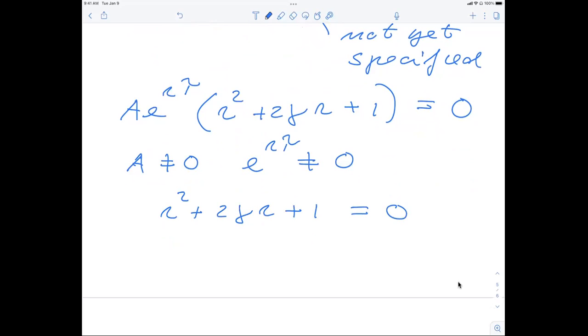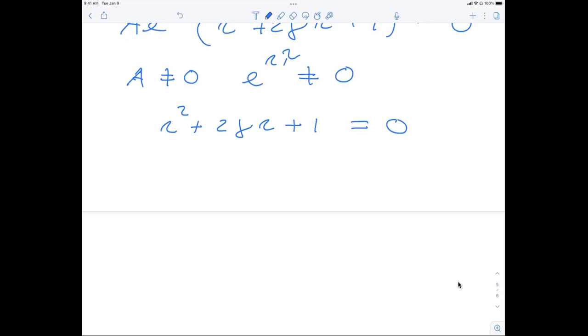And I guess all of you must have seen this back in kindergarten, right? So you know how to solve this equation here. And we have two solutions. So these are the two roots. And let's see what happens here. So the solutions which we get are obviously an R1, which is minus gamma plus the square root of gamma squared minus 1.